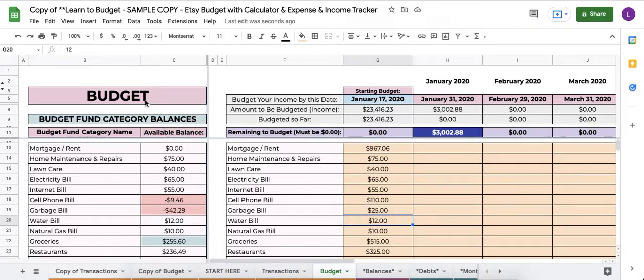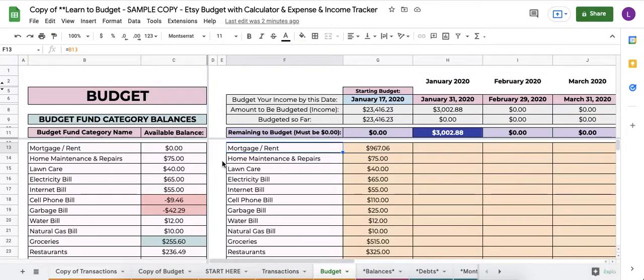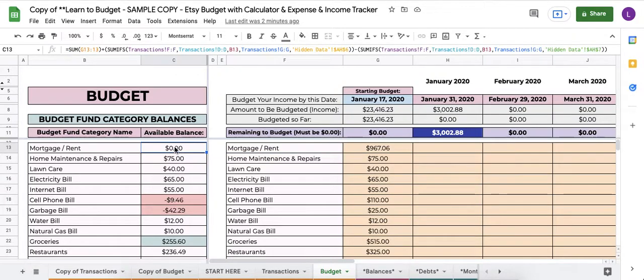The available balance that is in my budget, any number that exists here, is the sum of all the money I've ever assigned to that category, which would be this number plus this number, if there was a number there, plus this number if there was a number there, plus this number if there was a number there. All of these numbers that I've ever assigned to mortgage or rent, minus all of the money that I've ever spent on mortgage rent and put into this transaction category, is going to equal the total amount of money I have available.